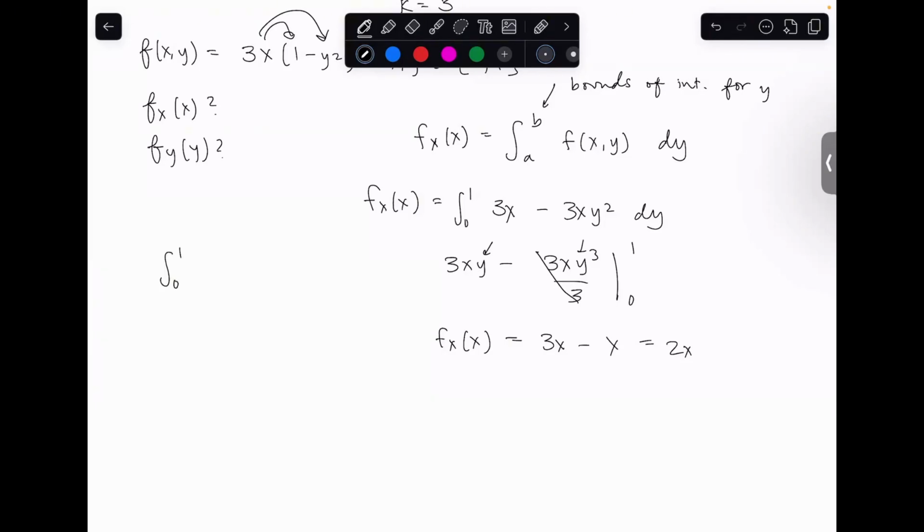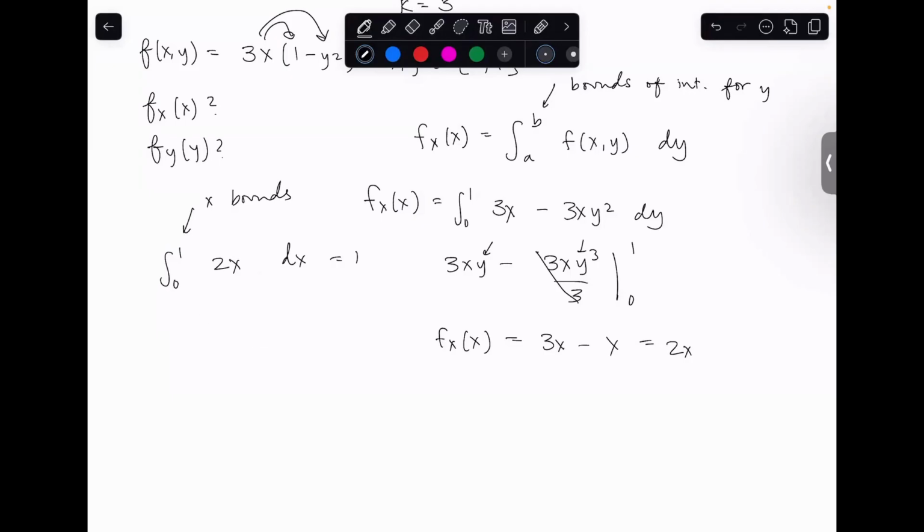So we'll integrate from 0 to 1. These are our x bounds. So integrate this PDF and make sure that this equals 1. So if we do that, we get 3x squared over 2 minus x squared over, oh, why did I do 3 minus x? Let's just do 2x. I don't know why I did that. Sorry, guys.